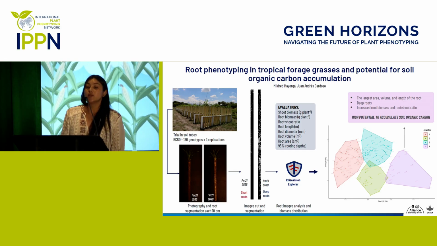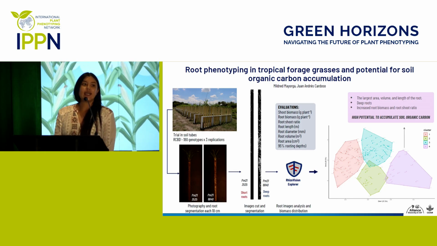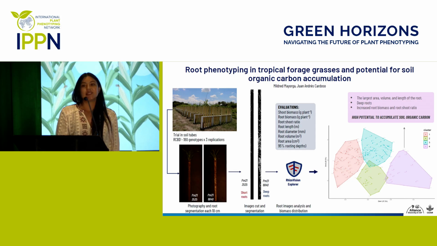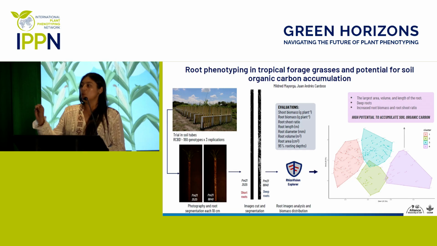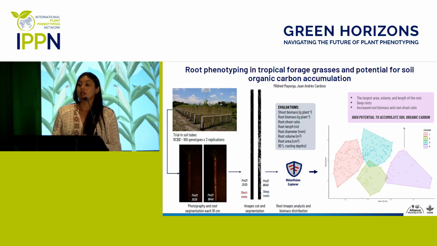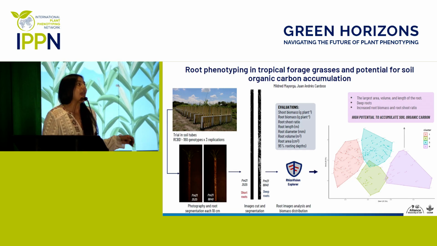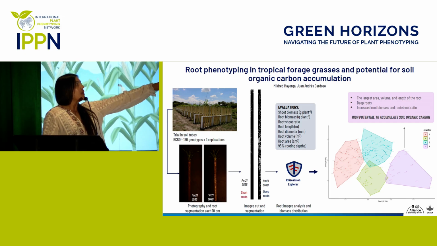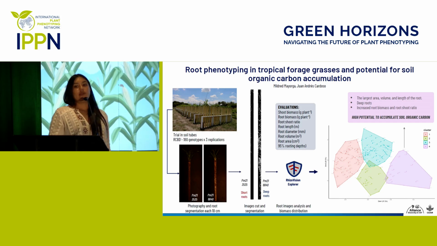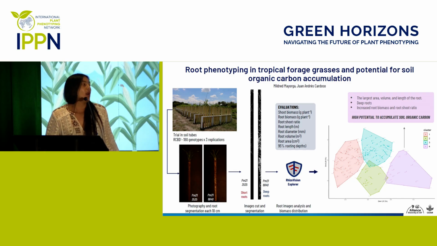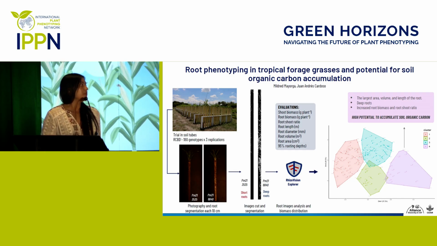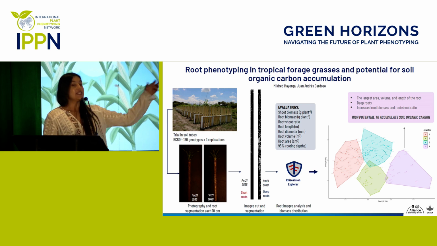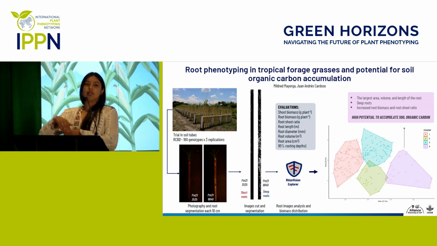So, with the objective to identify tropical forage grass genotypes with root traits that promote soil organic carbon accumulation, an experimental trial was conducted involving root phenotyping of 180 genotypes grown in cylinders filled with soil.